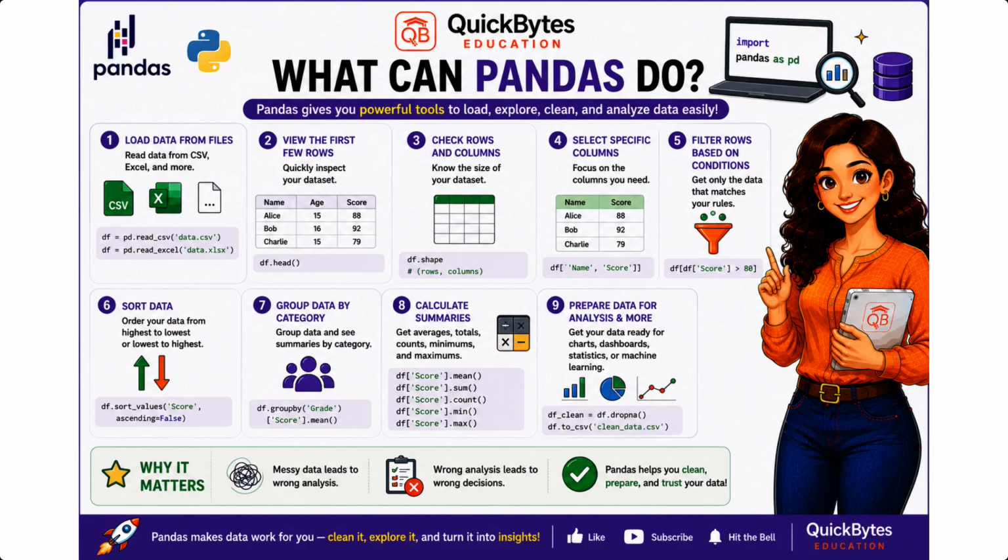Pandas can sort data from highest to lowest or lowest to highest. Pandas can group data by category. Pandas can calculate averages, totals, counts, minimums, and maximums. And Pandas can help prepare data for charts, dashboards, statistics, or machine learning. That is why Pandas is used so often in data analysis and data science.